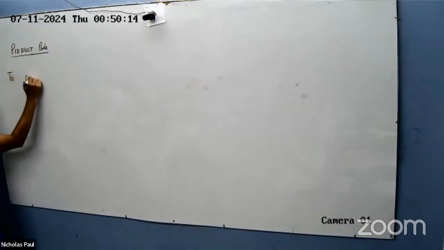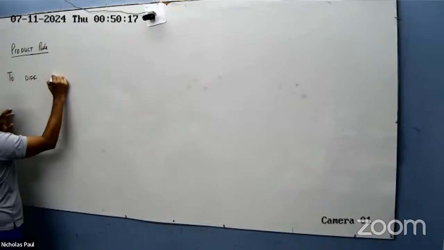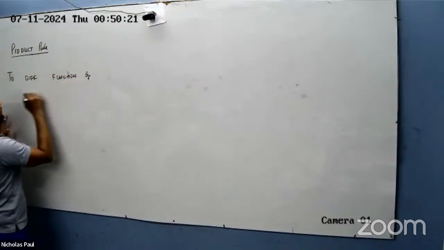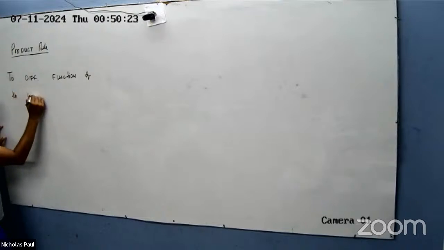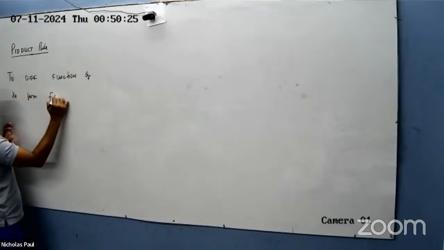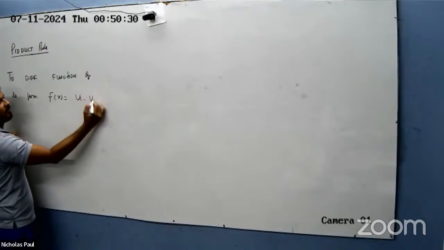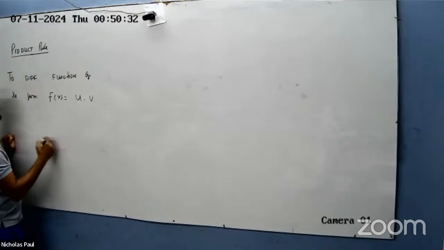All right, so to differentiate functions of the form, right? If I give you something like this, f of x is equal to 2 products, right? U and V, right? 2 products, 2 different functions.